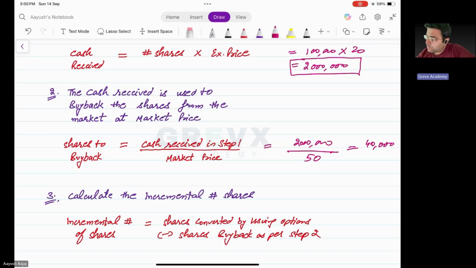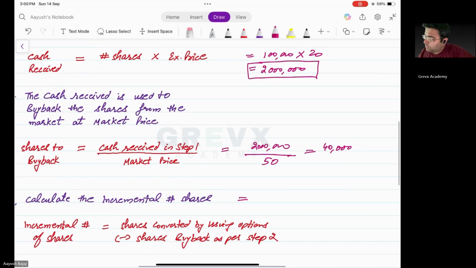In my case, how many shares? I converted 100,000 shares. I got 100,000 shares minus the buyback. So I get shares.